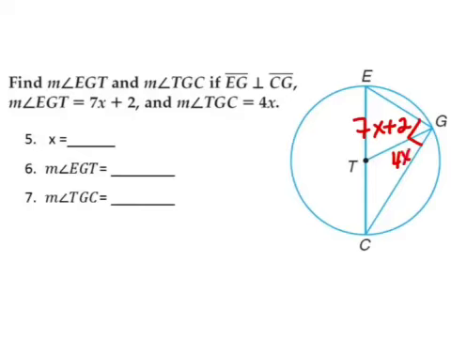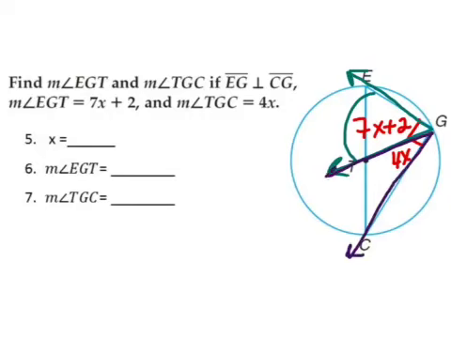So again, we're highlighting here that this portion is equal to 7x plus 2, and also that this portion of the 90-degree angle is given by 4x.